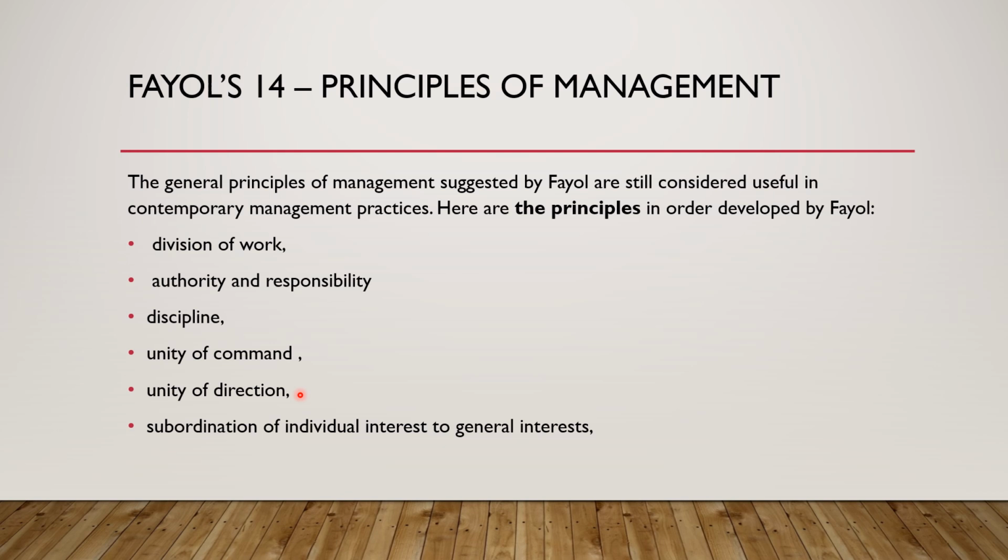It is necessary to distinguish between the meaning of unity of command and unity of direction. Unity of command means that there should be only one manager at a time to give command to an employee, whereas unity of direction means that there should be only one manager exercising control over all the activities having the same objective. Now, this is the difference.